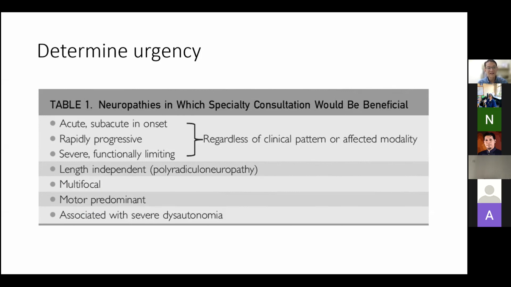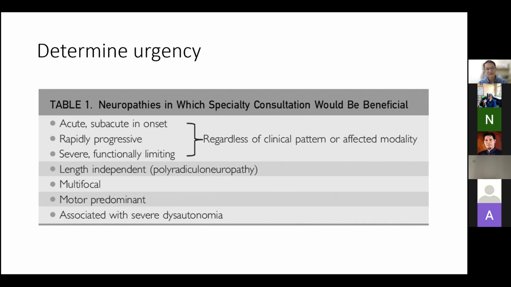So you have a length-dependent peripheral neuropathy, meaning that in diabetes, in general, for example, you have a length-dependent peripheral neuropathy, meaning that the longest nerves are affected first, compared to the shorter nerves. Your nerves in the legs are longer compared to your nerves in the hand.